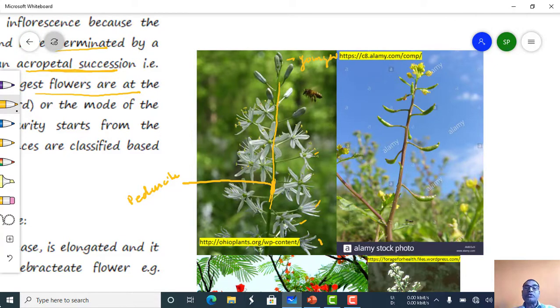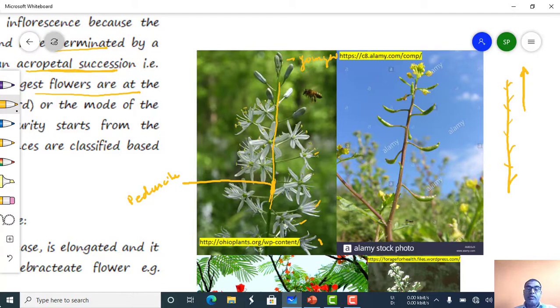Okay, so flowers are produced on the peduncle on the lateral sides. Suppose this one is a peduncle, it will produce flowers in this way. The growth of this peduncle is a continuous one, and that's why it is generally considered an indeterminate or indefinite type of inflorescence.